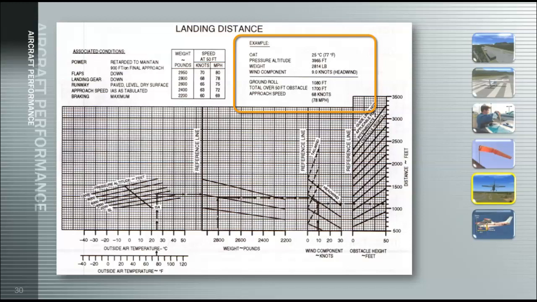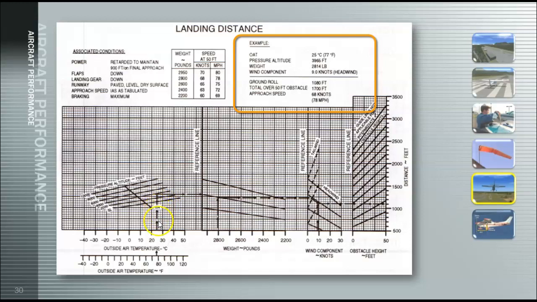From that point, you draw a straight line to the right to the next reference line, and then you follow those parallel lines down until you reach the headwind component of 9 knots. At that point, again, you draw a straight line to the right to the next reference line, and then you follow those parallels up to get the landing distance over a 50-foot obstacle. If you follow that line straight to the right from the reference line, that's the landing roll.